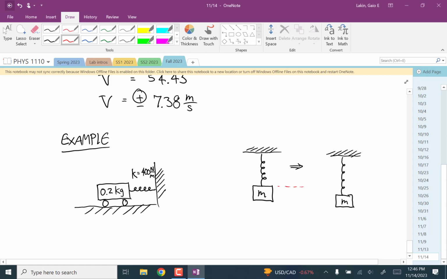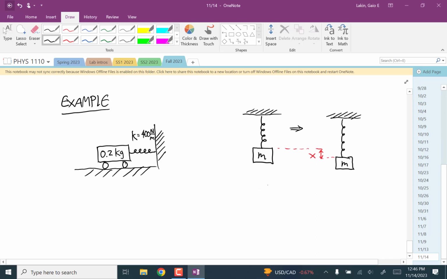And let's say we're going to call this amount of stretch X. Well, the spring stiffness is just equal to the weight of that mass divided by how much the spring stretches. So if the spring is really stiff, then that X for any given mass that you hang from it is going to be relatively small. And so if you're dividing by a small thing, you get a big spring constant.